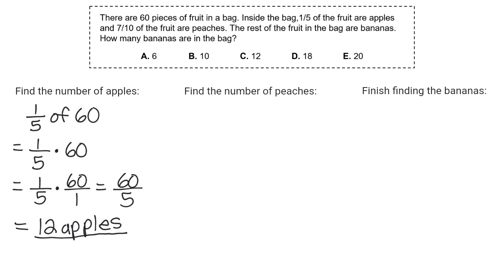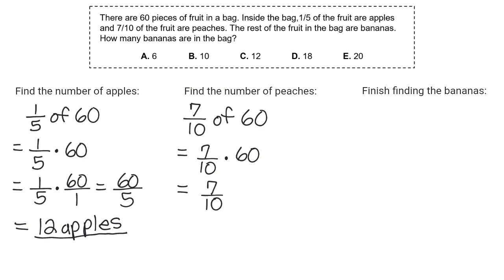Next, they want to know the number of peaches. And they said the 7/10 of the 60 fruit are peaches. So we're going to have to find 7/10 of 60. That's the same thing as saying 7/10 times 60. In this case, instead of multiplying straight across, I'm going to use canceling for this one. 10 and 60 can be canceled or divided by 10.